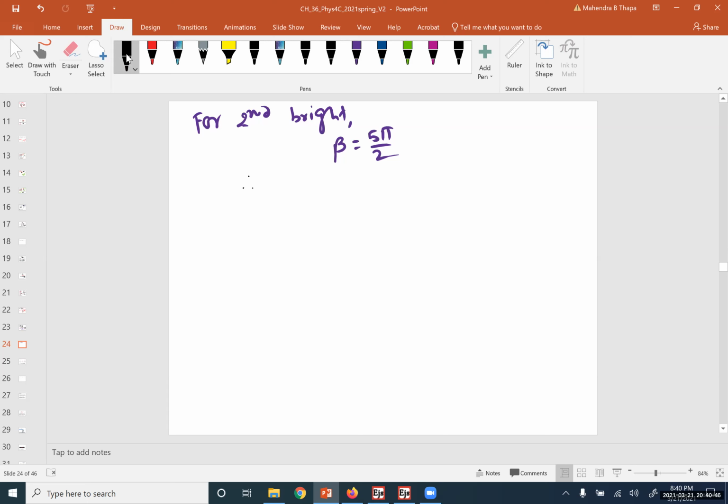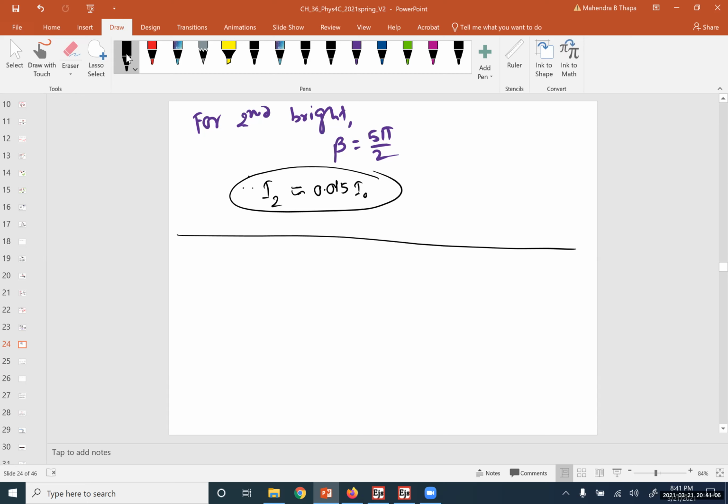We'll find that the intensity of the second bright will be nearly equal to 0.015 times I naught. Similarly, we can find the others.